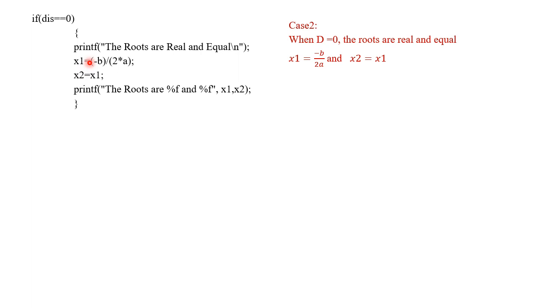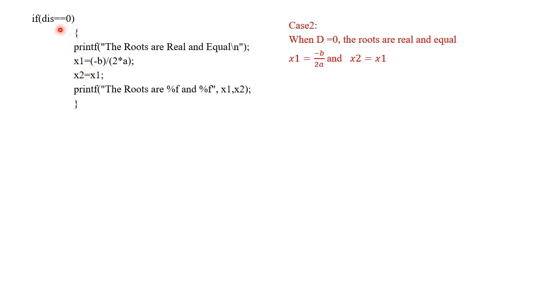This equal is known as the assignment operator. That means here minus b divided by 2a is calculated and it is stored in the variable x1. So this single equal means assignment.